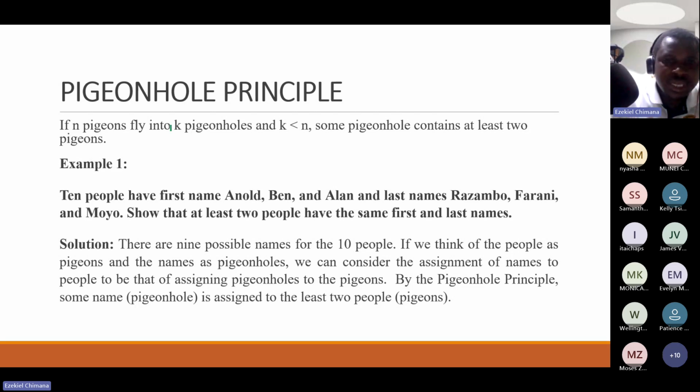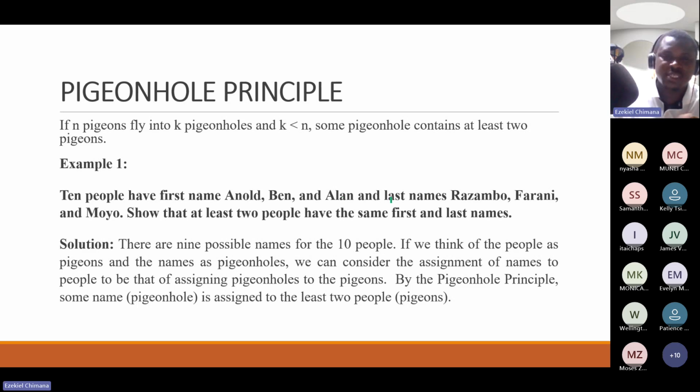If you are going to match Arnold with these 3 surnames, and then Ben with these 3 surnames, and then Alan with these surnames, because we are saying we've got 10 people, we've got the possibilities that maybe we can have Arnold, and then Ben, and then Alan, right? After that, we are going to have 9 names, right?